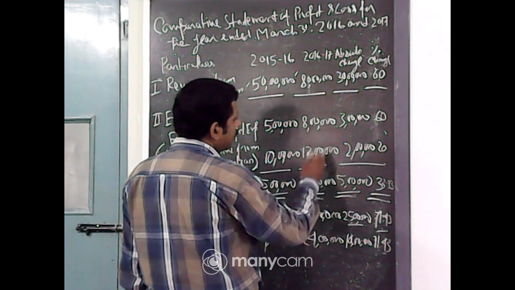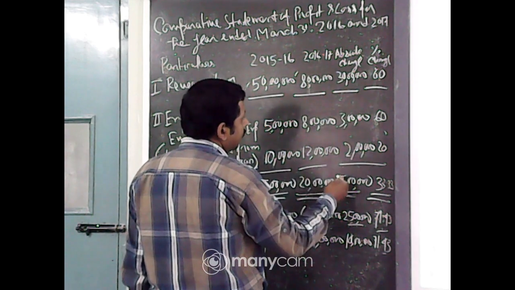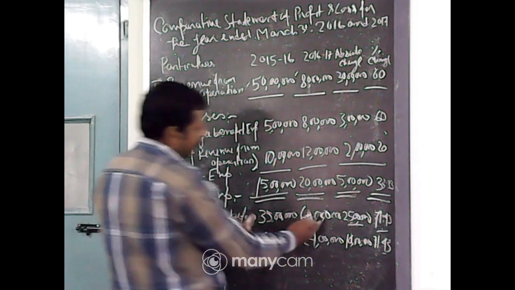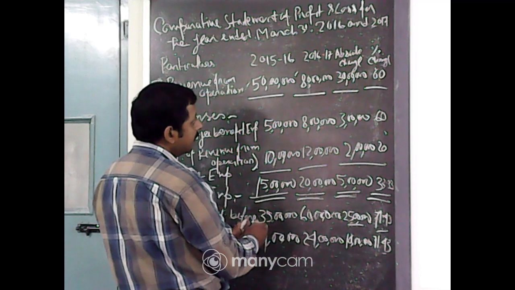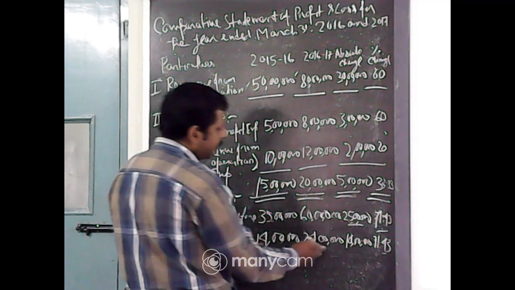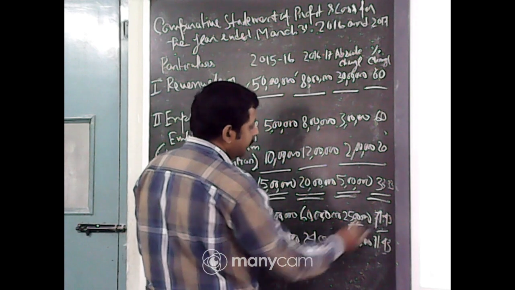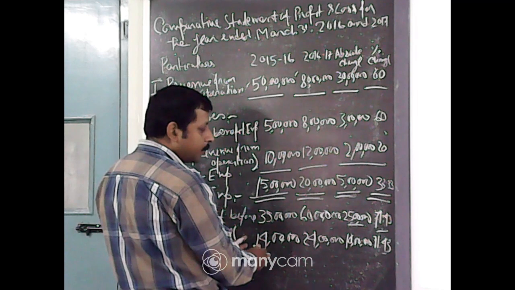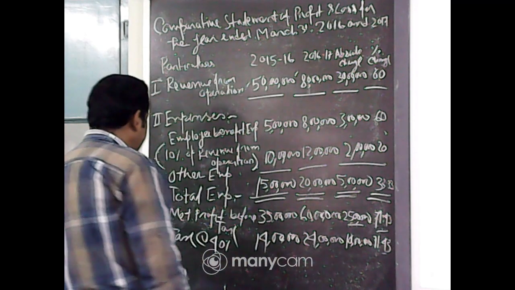The absolute figure is always current year figure minus previous year figure. And how do you calculate the percentage? Absolute change divided by previous year figure into 100. So this is the tax rate.